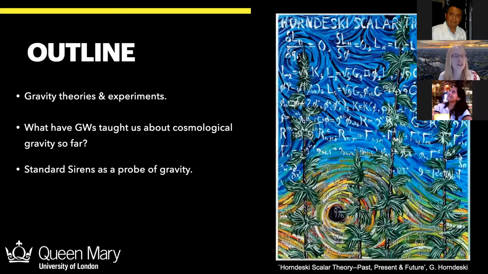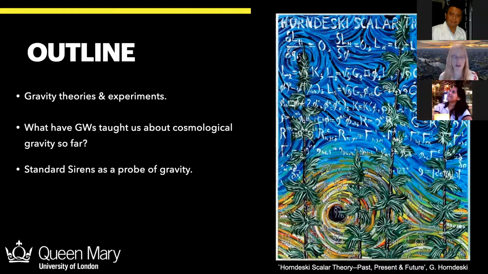So my talk today will be in 3 parts. I'll start off giving just a brief intro to what is the status of the detectors, and I'll introduce a few thoughts about the theories as well. In the second section, I'll talk about what's happened so far.